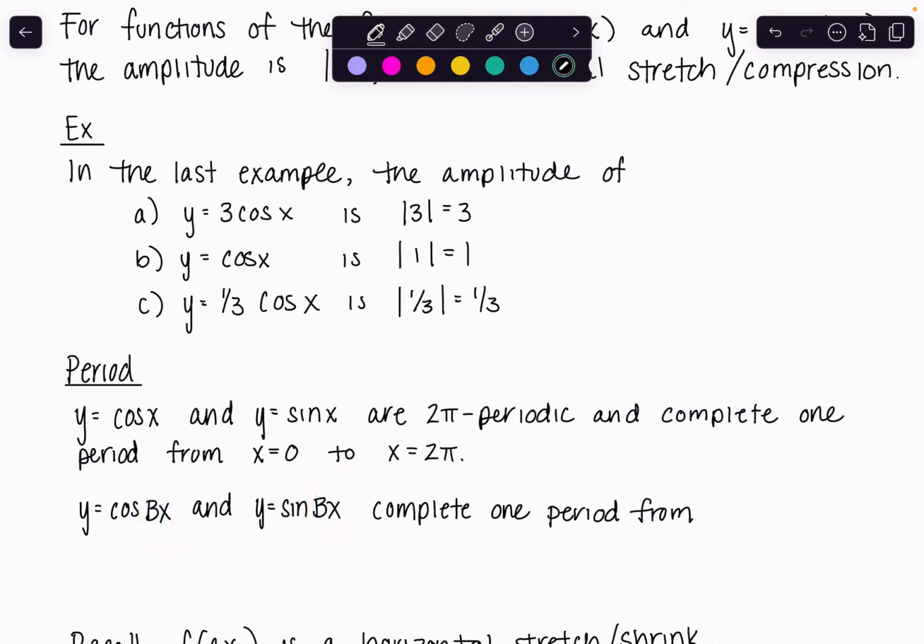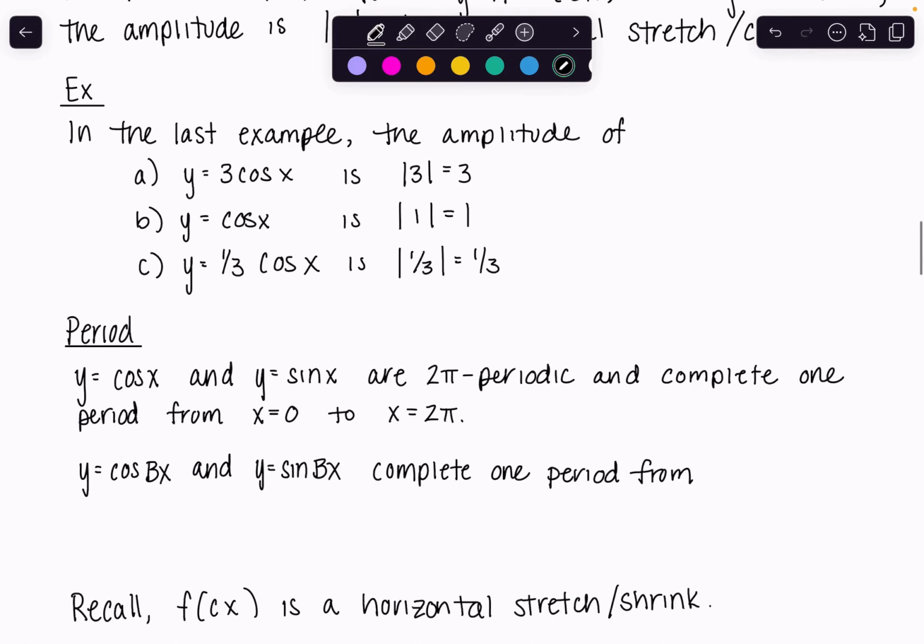So I'm going to complete 1 period when the inside equals 0. That's when my period will start. And it will finish when the inside equals 2 pi, which is that last important quadrantal angle. So in this case, it completes the period still starting at 0, but ending when x is 2 pi over b.